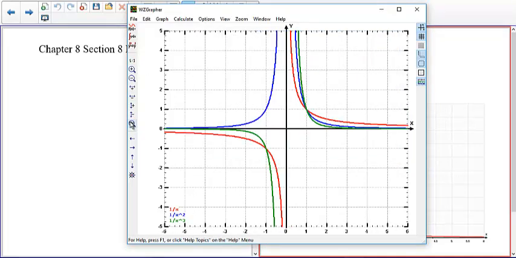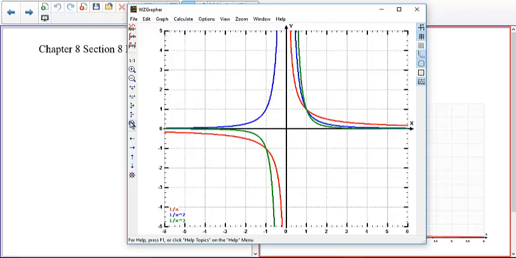Okay. So the red curve is 1 over x, and the blue curve is 1 over x squared, and the green curve is 1 over x cubed. And if I did the same integral from 1 to infinity, you can see that the red curve's area is going to be larger because it's higher up.